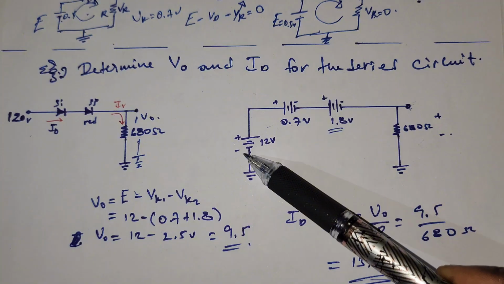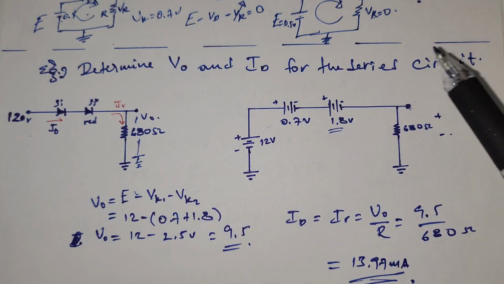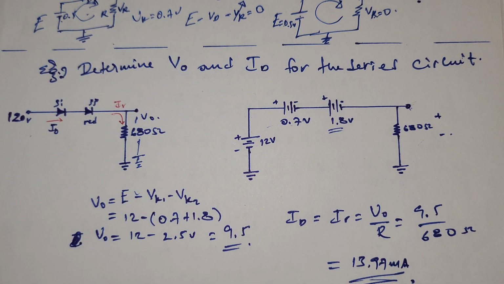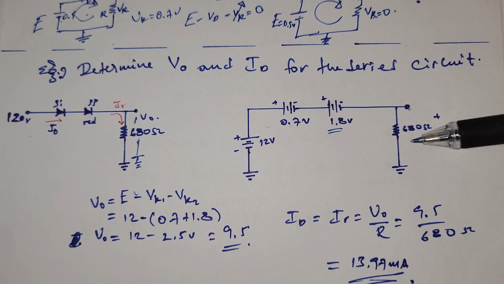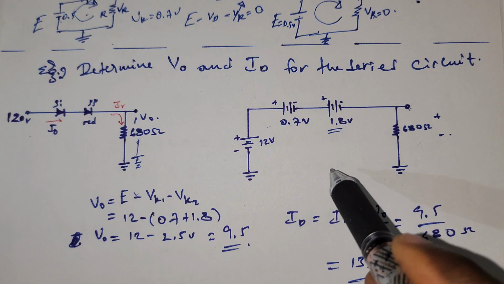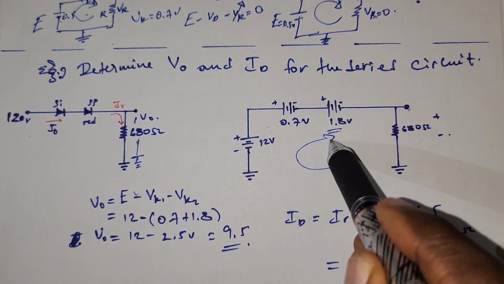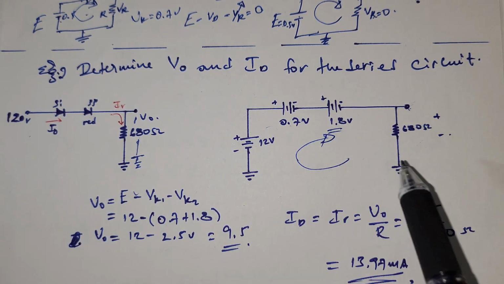So in order to calculate the V output, meaning the voltage across this 680 ohm resistor, we can apply KVL to this whole loop.